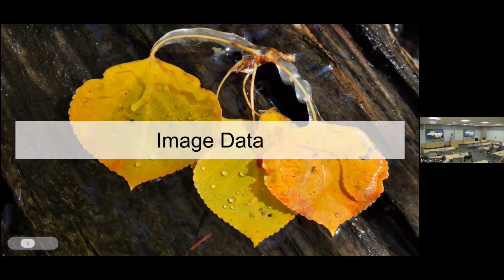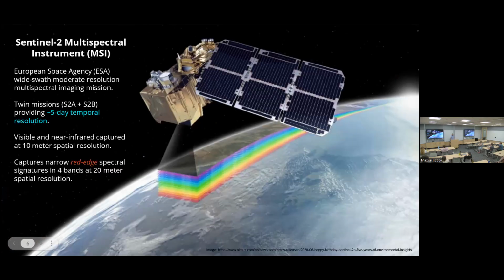So I'll jump right in here to the image data that we're using and one of the reasons why we're able to get this higher resolution map. The first satellite and sensor that we're using here is the Sentinel-2 Multispectral Instrument. The Sentinel-2 MSI is a European Space Agency, wide swath, moderate resolution, multispectral imaging mission. It has these twin missions, S2A and S2B.